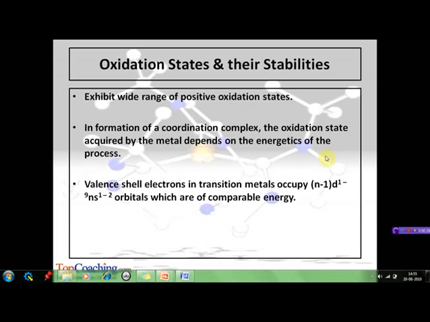The valence shell electrons in transition metals occupy (n-1)d^1 to 9 ns^1 to 2 orbitals. These orbitals are of comparable energy, and the energy required to remove successive (n-1)d and ns electrons is not very high. The requisite energy is easily available in the formation of more and more chemical bonds.